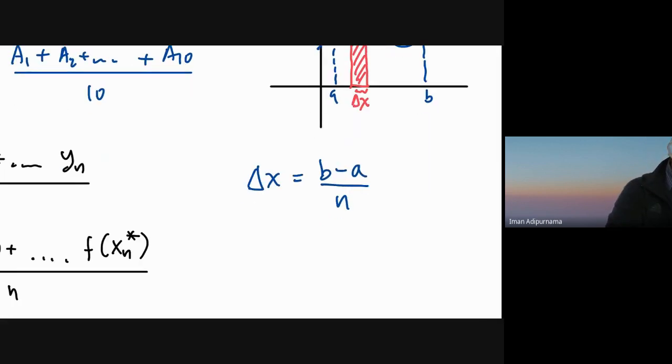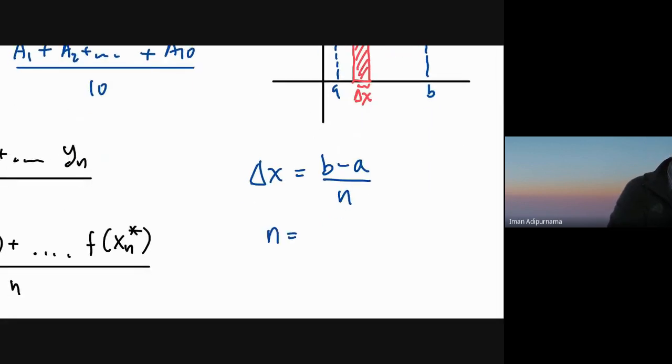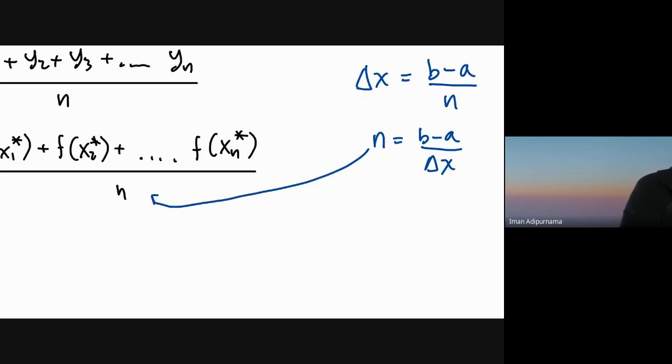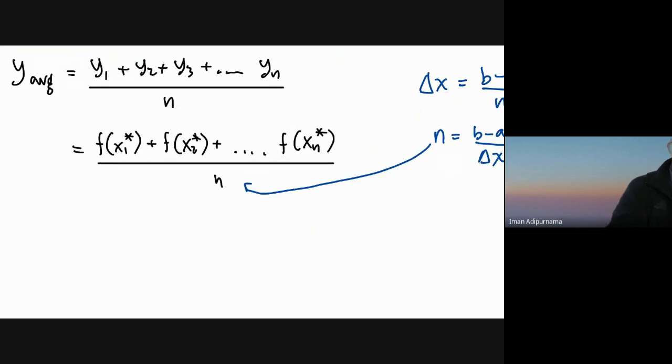Now let's write n in terms of delta x. So n will be b minus a over delta x, right? So let's substitute this n here.